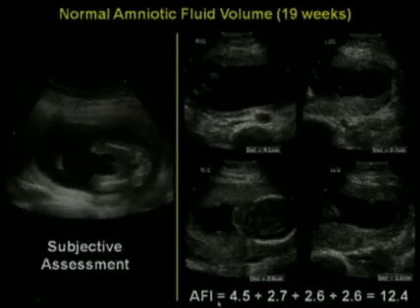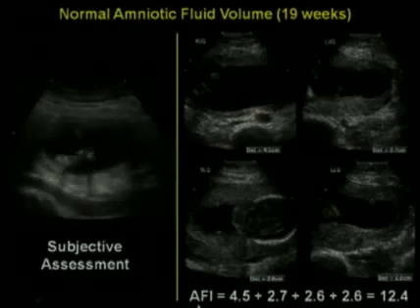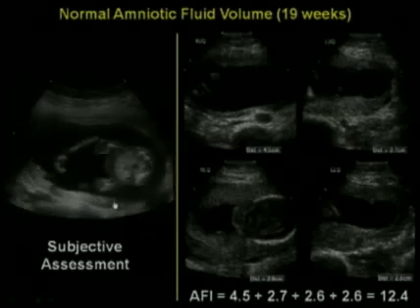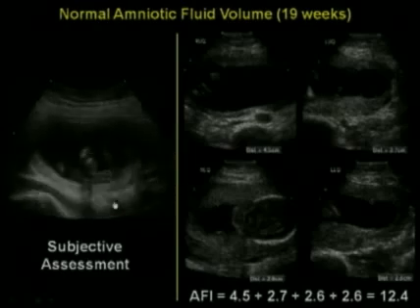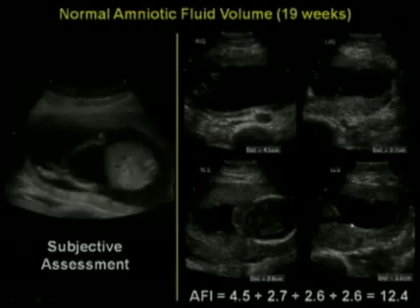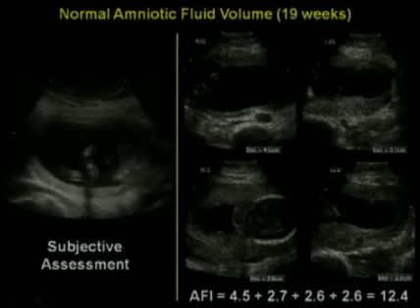Here are 2 different cases of normal amniotic fluid volume. We're sweeping through, and it looks subjectively normal, and when we do an amniotic fluid index on a normal case, we're getting 12.4.